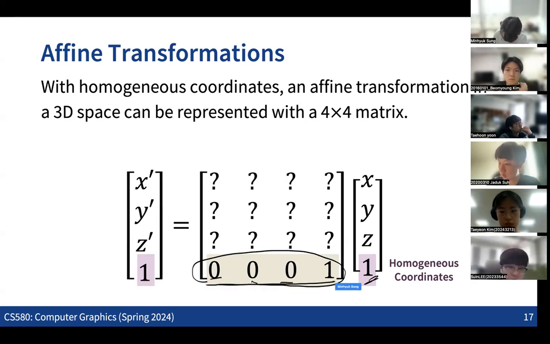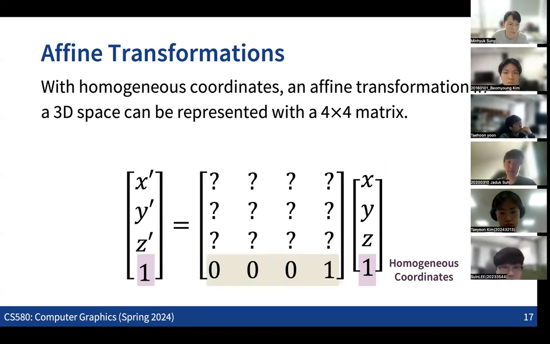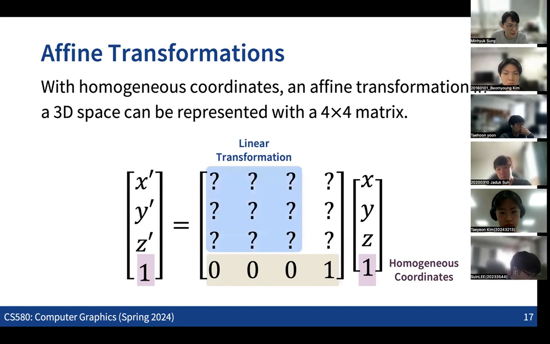So when you have these 12 numbers, we can represent any affine transformation, and the transformations that can be represented with the first 3x3 matrix here are also called linear transformations. So a linear transformation is basically an affine transformation minus translation.